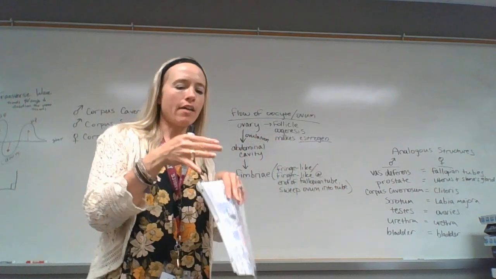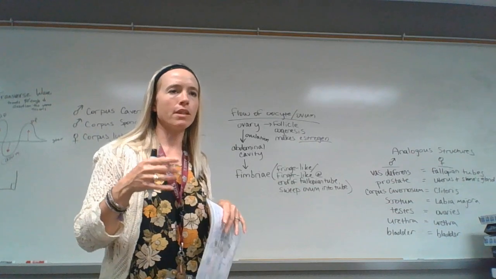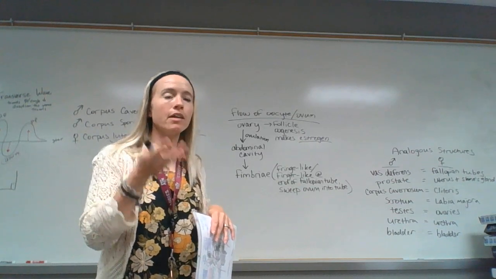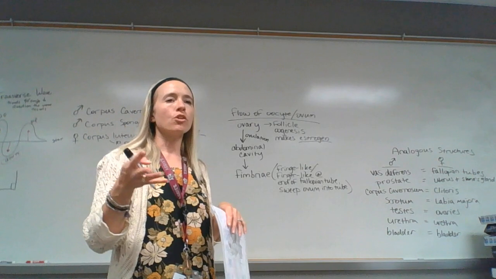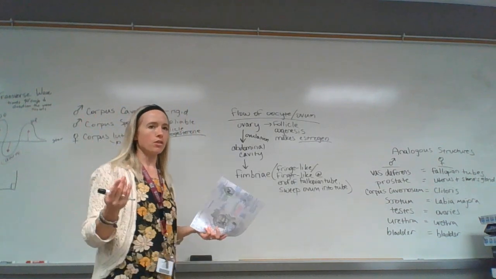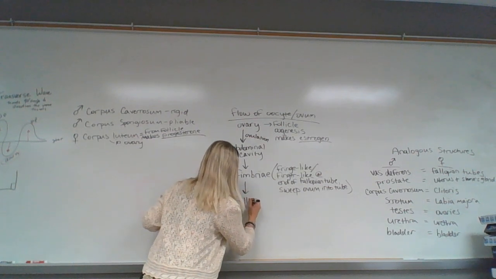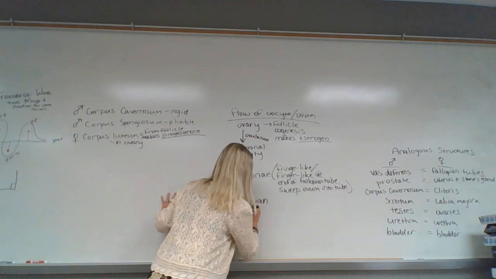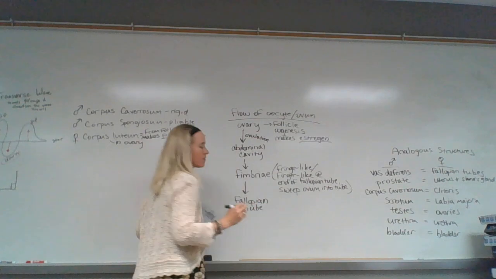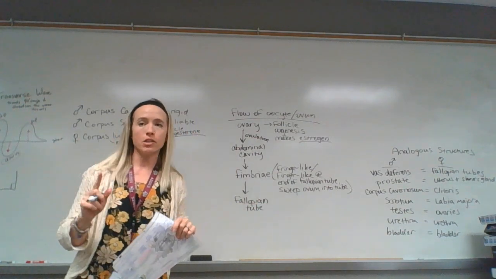Not only do they have these finger-like projections that sweep it, they also are lined with cilia that are also sweeping it. So it's going to sweep the egg into the fallopian tube. And that is where fertilization occurs.